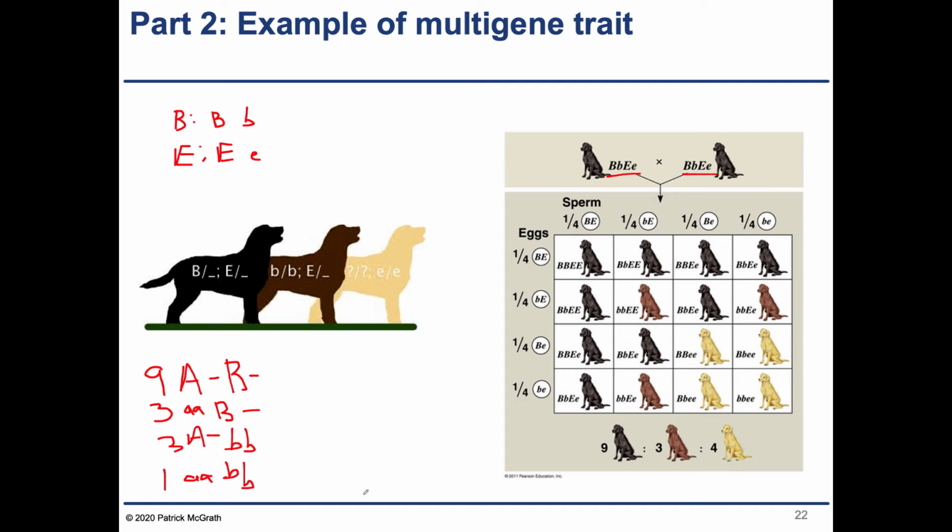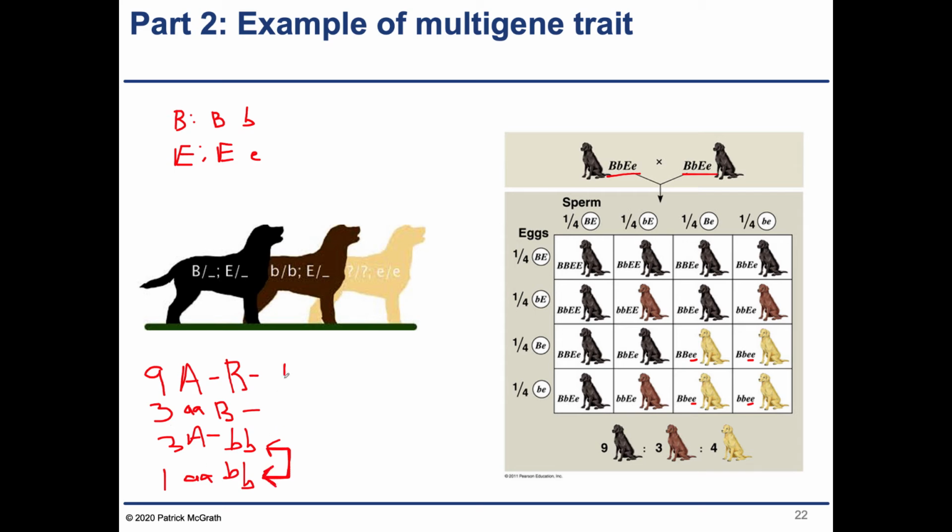So what happened? For Labradors, these 2 classes are grouped together. As long as you have the recessive homozygous for the second gene, it doesn't matter at all what that first gene is, okay? And so these classes end up getting grouped together.